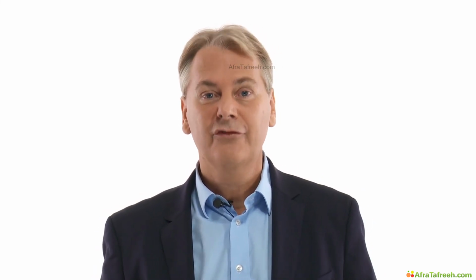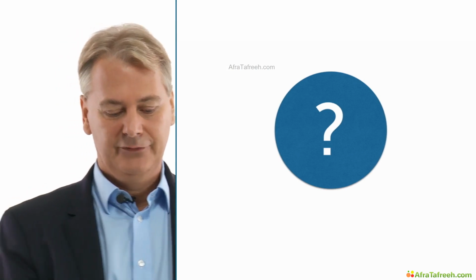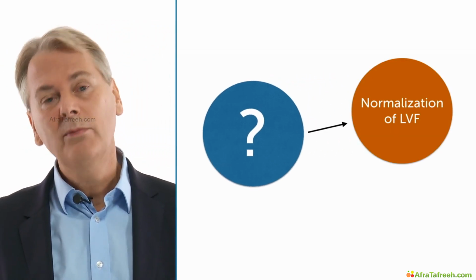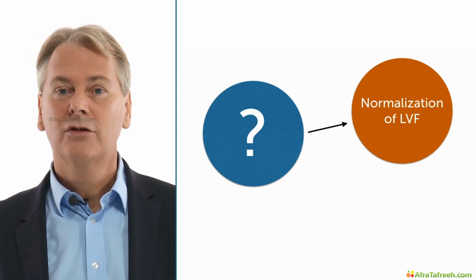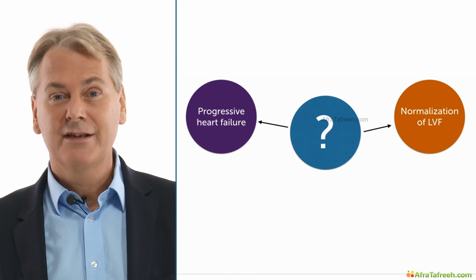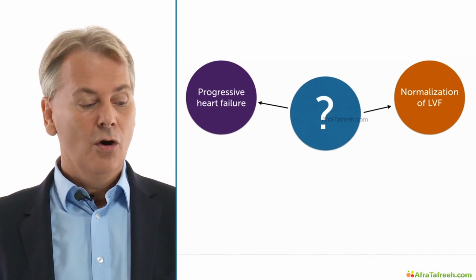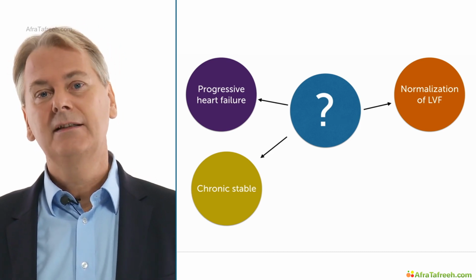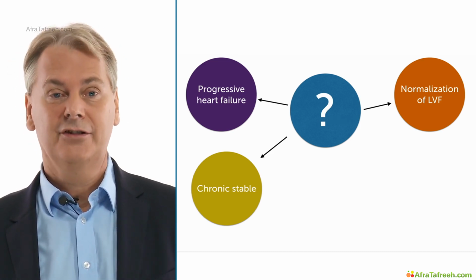Now, George is certainly going to ask the question, what is going to come out of me? There are very many different options. First of all, left ventricle function can normalize completely and he will have a completely normal prognosis. Maybe he will develop progressive heart failure very quickly or have a chronic phase where he's rather stable and then develop heart failure at a late stage.